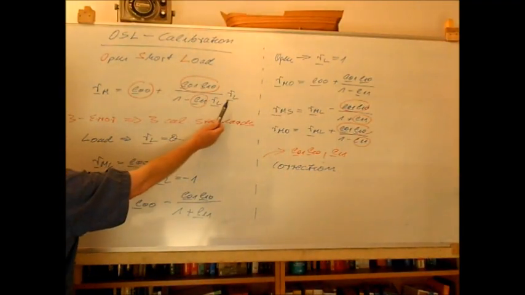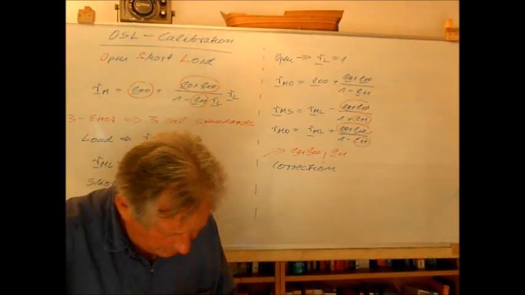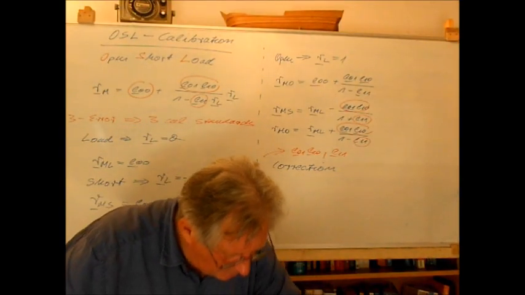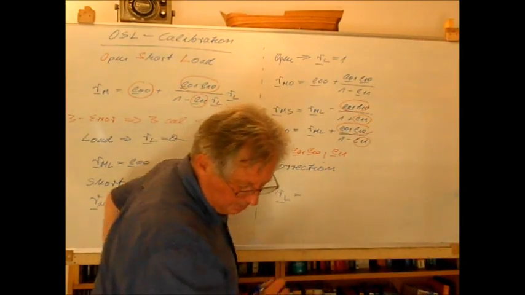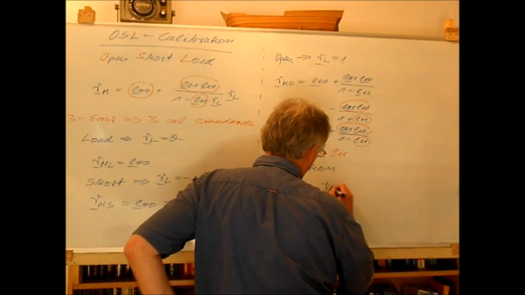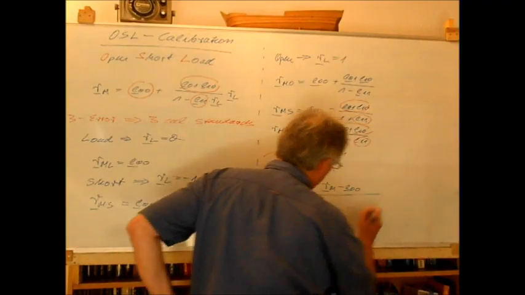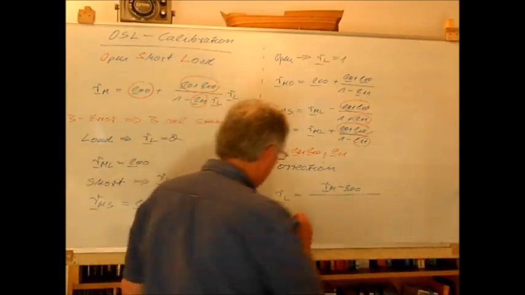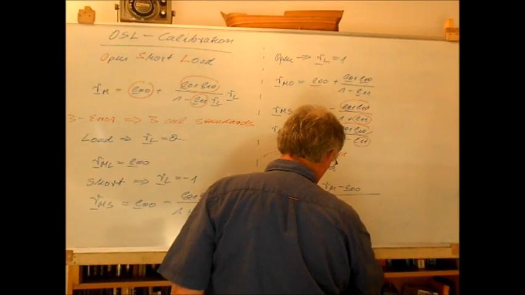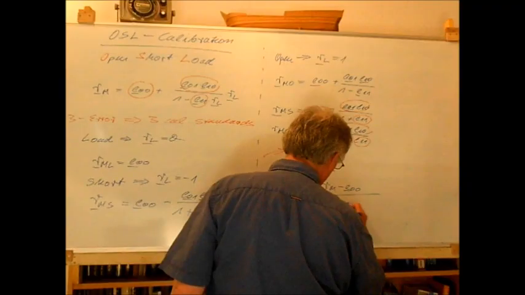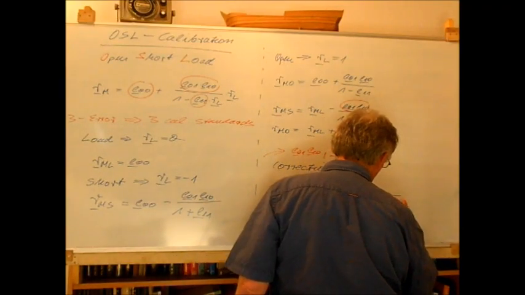In the correction we just must solve this equation for RL, and in this case we would get that RL is then RM, the measured, minus E00 divided by E11 times (RM minus E00) plus E10 times E01.